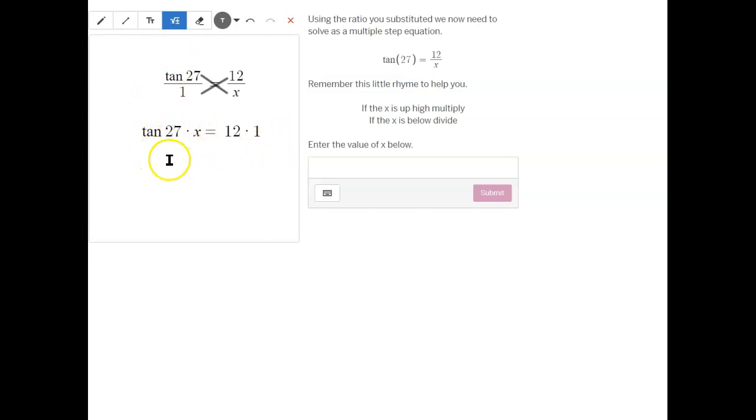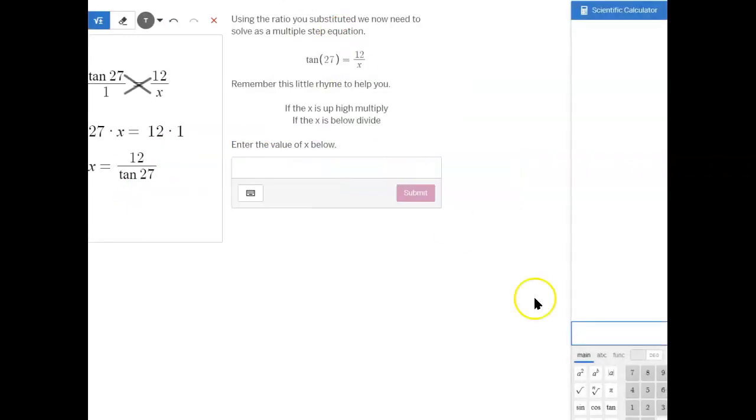In order to solve this, I need to divide both sides by tan 27. When I do this, it's going to eliminate tan 27 from this side, and it's going to give me 12 divided by tan 27. Now, I'm going to find the value of x. Let's go ahead and use our calculator to figure this out.